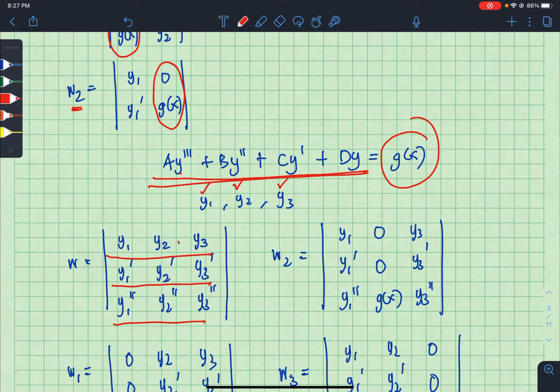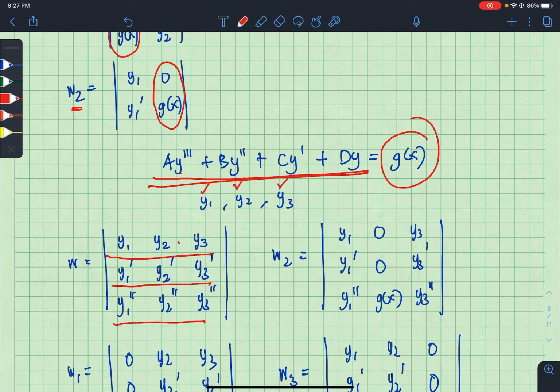So we're just going to limit our discussion here. The idea for a 4 by 4 matrix to get its determinant or the Wronskian is by the use of the cofactor method, which was not discussed here. That is why our examples, even with activities, are only limited up to a third order differential equation.